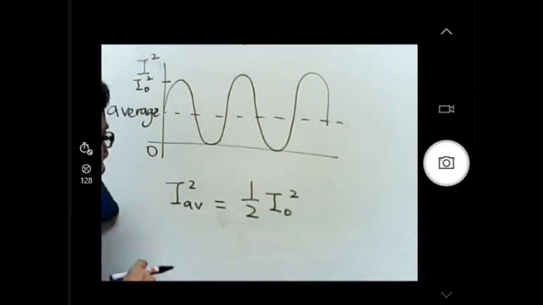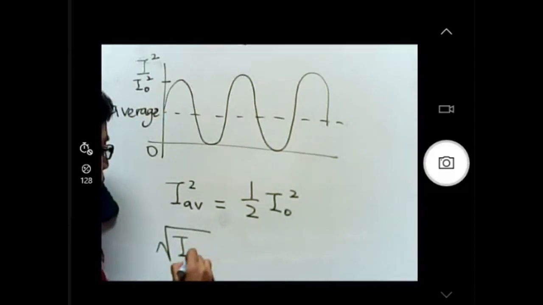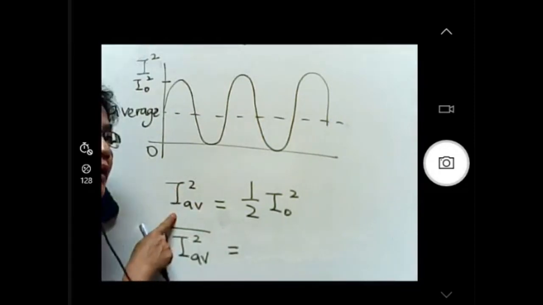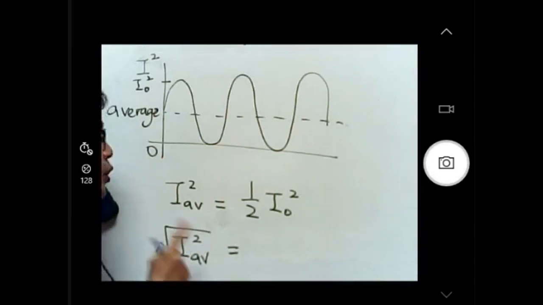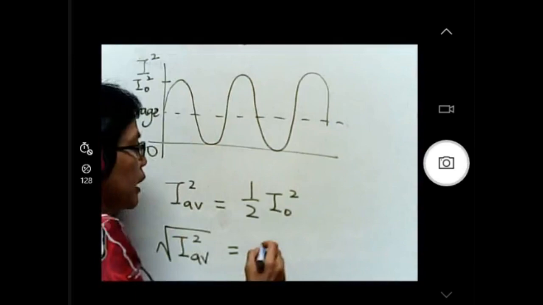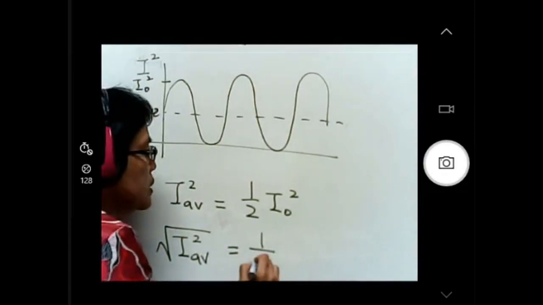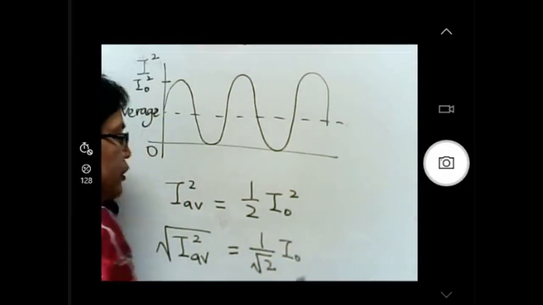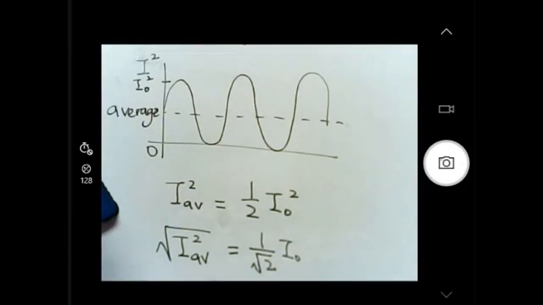So in order to get I, what shall I do? I have to take the square root of the average I square in order to get the value of current, because this is the square of current, meaning ampere square. So I get 1 over root 2 times I naught. What do you call this?